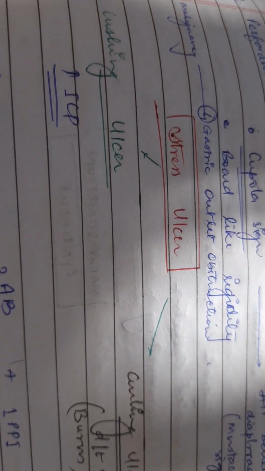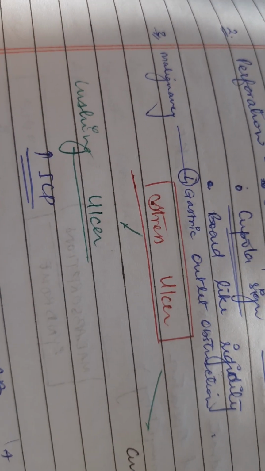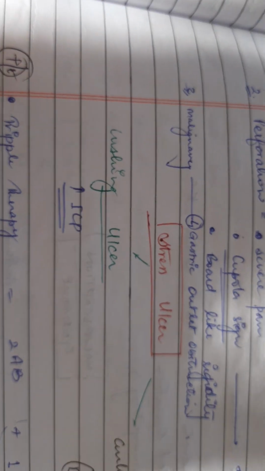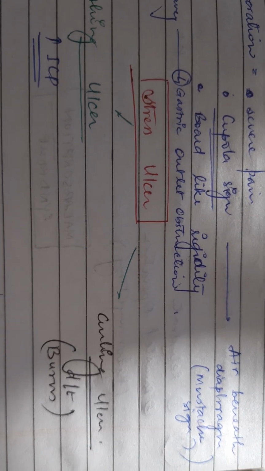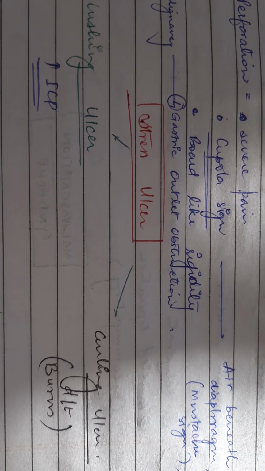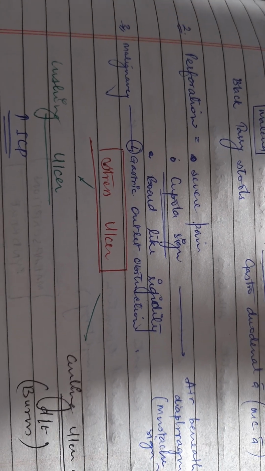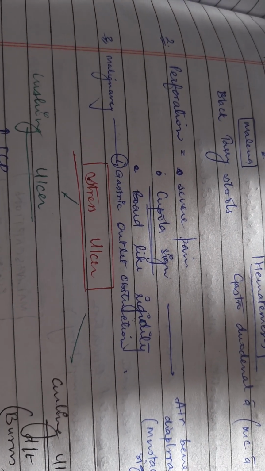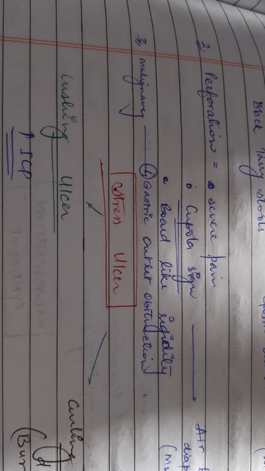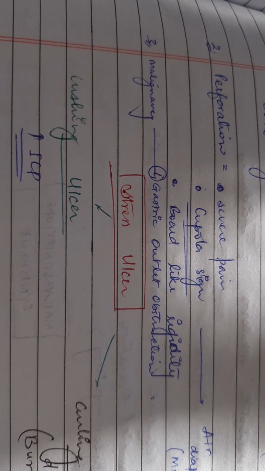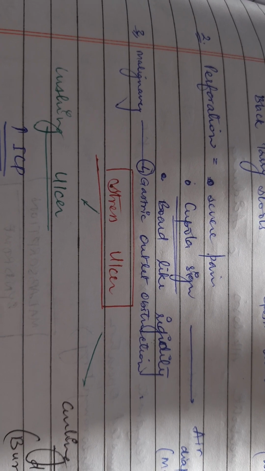What is gastric outlet obstruction? Stress ulcers are of two types: Cushing ulcer and Curling ulcer. Remember Curling like this: we do curling of our hair with a Philips curler, which provides heat.